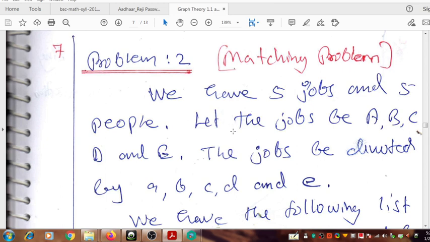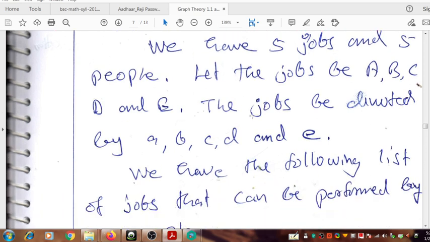We denote the jobs by the letters A, B, C, D, and E.